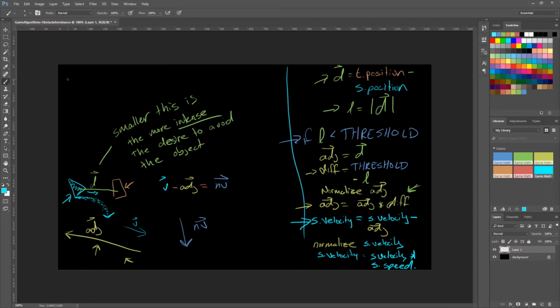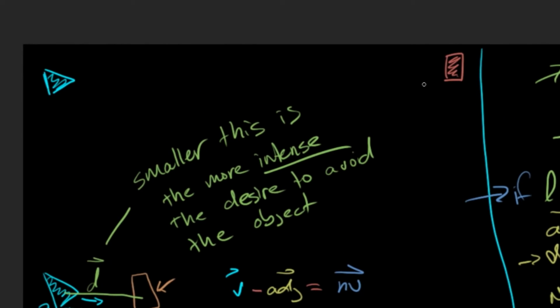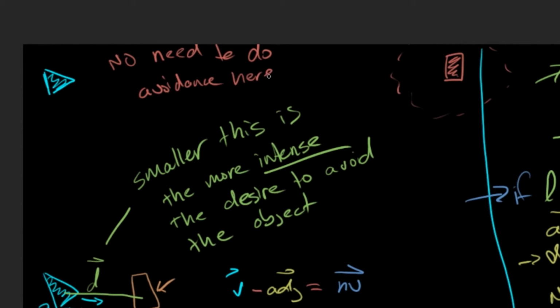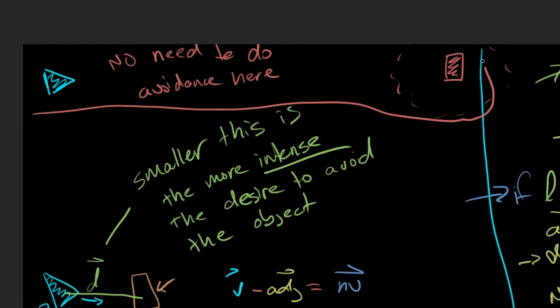Obviously, if our player is here, and the object we want to avoid is here, we do not need to do obstacle avoidance. Let's say our threshold is like this, for example. There's no need to do avoidance here, because our source is very far away from our target.